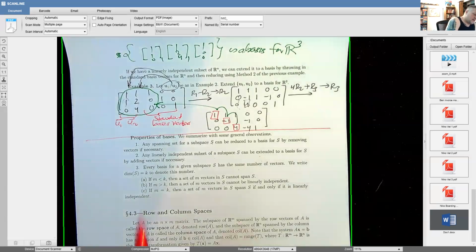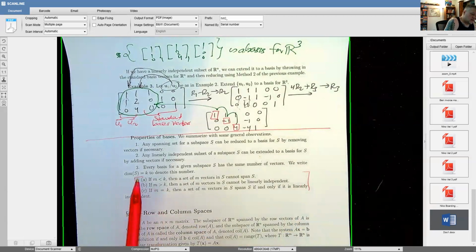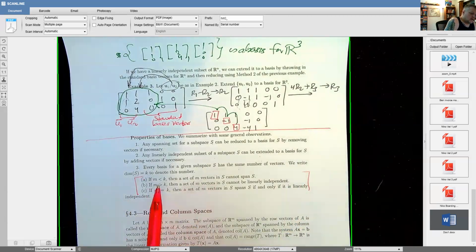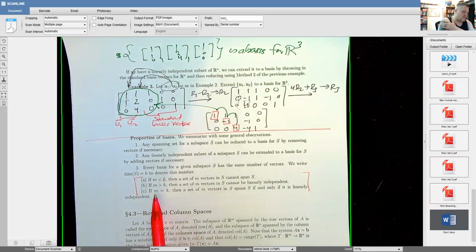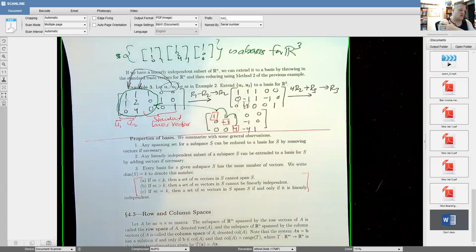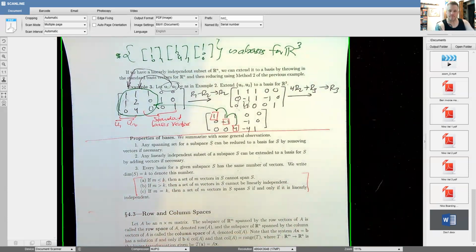And if the dimension of a subspace is K, then fewer vectors than the dimension cannot span S. If you have more vectors than the dimension, they can't be linearly independent. And if you have the same number of vectors as the dimension, they span only if they're linearly independent. Those are 3 things we've been saying over and over again through this chapter.